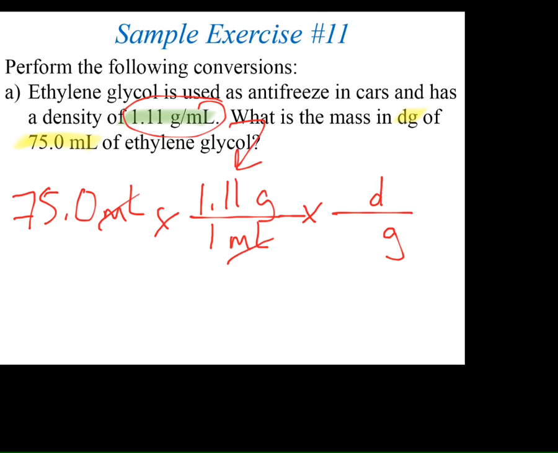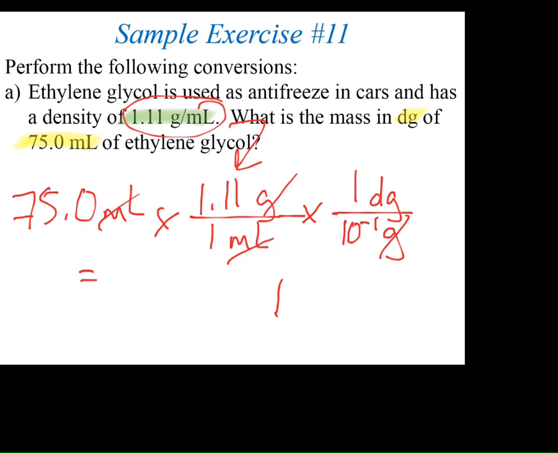Now I'm in grams, but I want to be in decigrams. What's deci? 10 to the -1. Will that go on the top or the bottom? Hit me with some knowledge. Did you say top? Better go on the bottom, right? Because here's the deci, so the exponent goes on the bottom. Awesome.